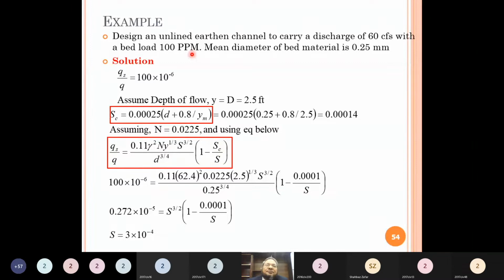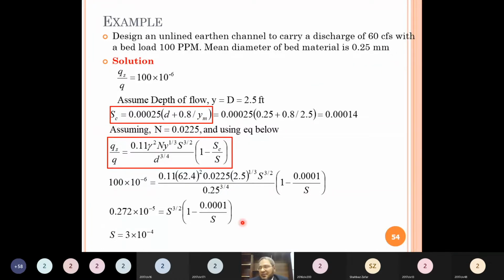What is 100 ppm? ppm means parts per million, meaning 10 raised to power minus 6. Bed load 100 ppm means it is the sediment concentration which is given, so Qs over Q is 100 ppm. Mean diameter of bed material is 0.25 millimeter.